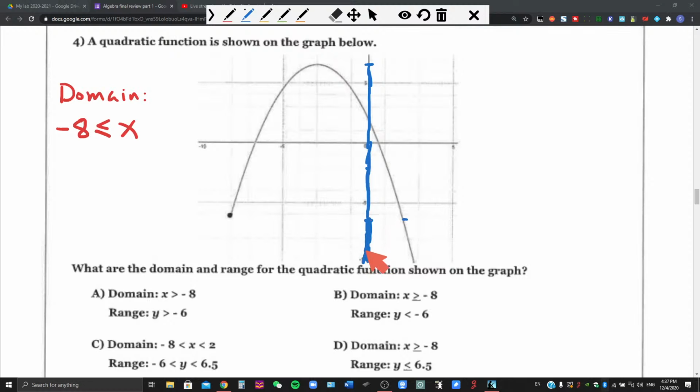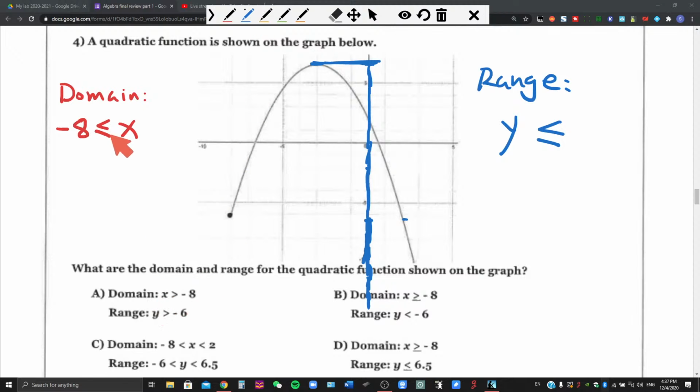Therefore, you can tell it will go down and down without stop. Therefore, the range will be from this point and down, or y is less than or equal to that value, because we have a solid point there. And that value should be, let's check the options.